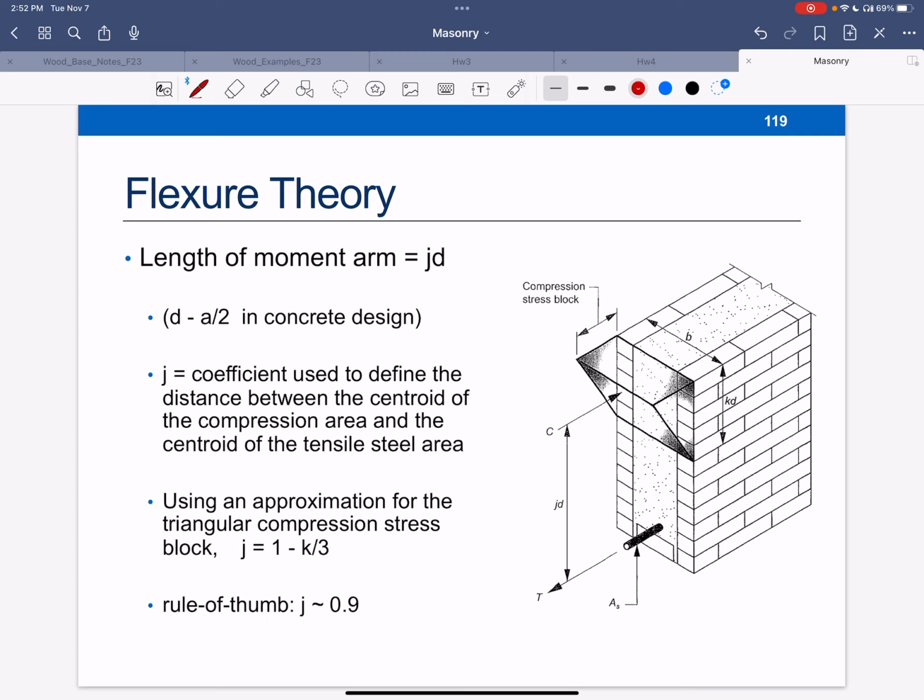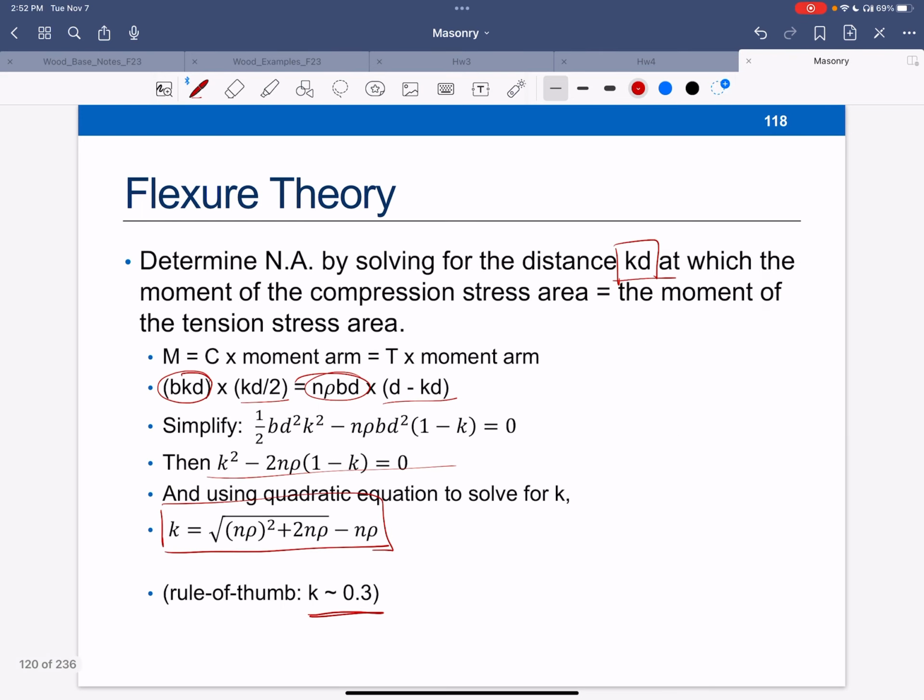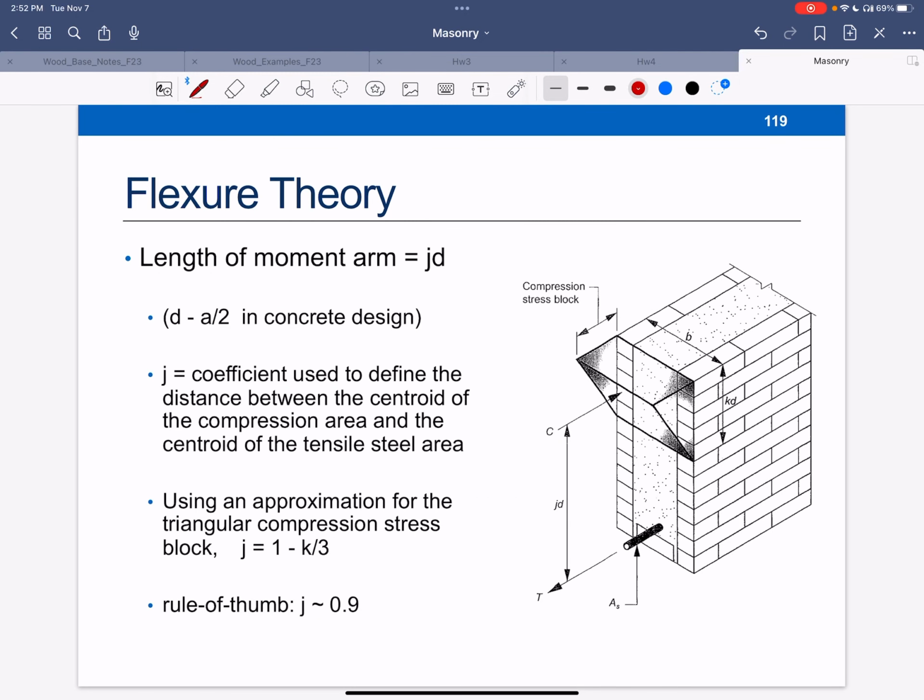So hang on just a second. It's the same thing we just looked at. In this case, approximating the triangular stress block, and we just said that k is approximately 0.3. So what we find is the length of the moment arm, jd, right? This is the moment arm between the compression and the tension. And that j is the coefficient that tells us what percentage of the total height this is, or you can also think of it as the percentage of d to the bar.